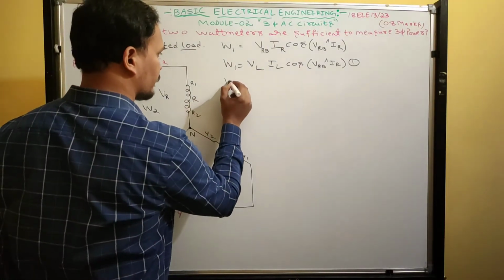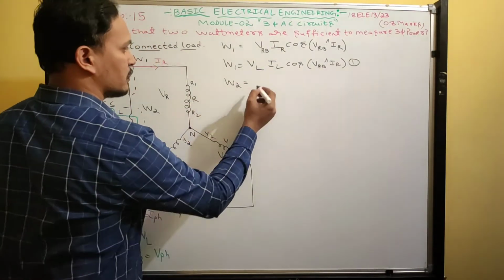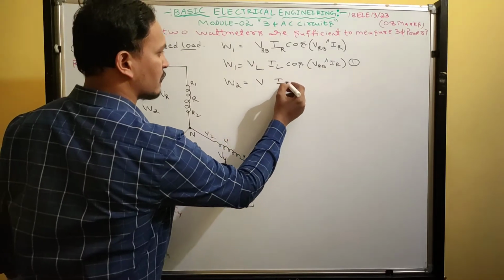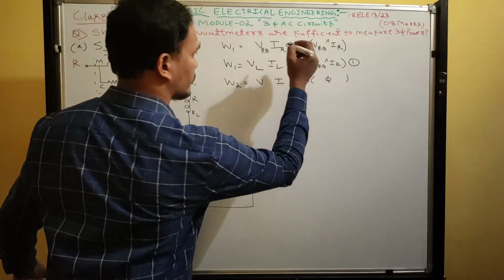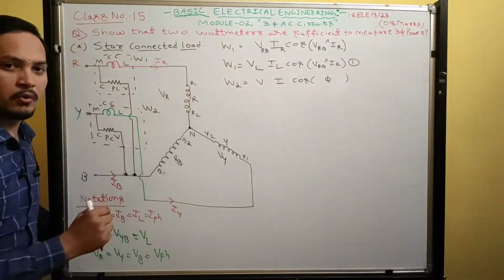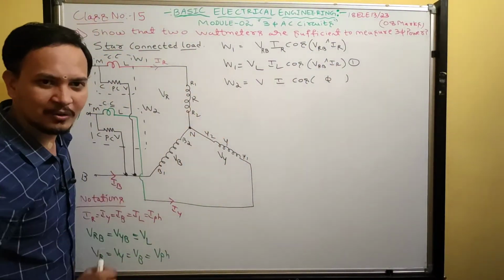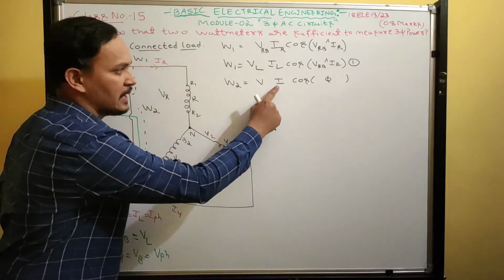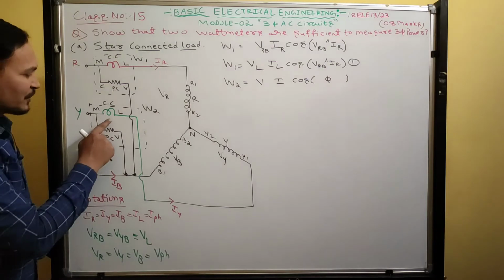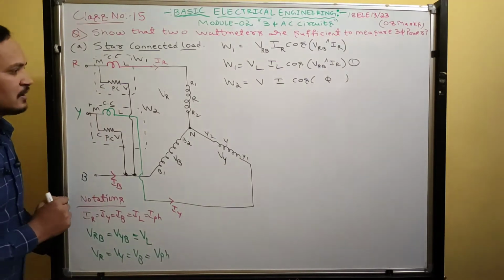Then similarly, what can you write for W2? Again the same formula. What is the wattmeter formula? VI cos phi. For wattmeter 2, what do you mean by V? Potential coil or voltage coil. I is the current coil. Where is the potential coil of W2 connected?